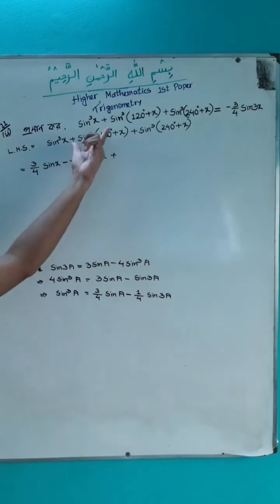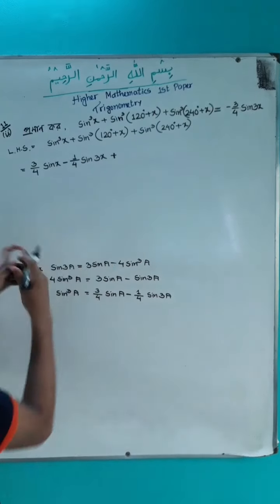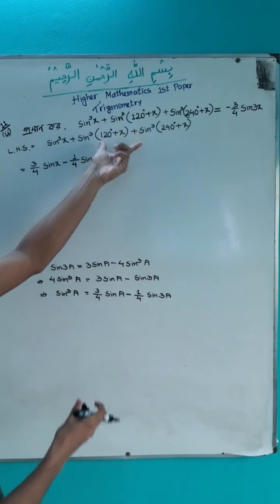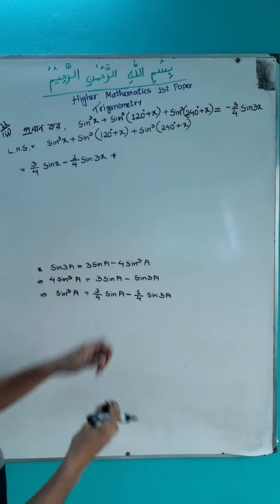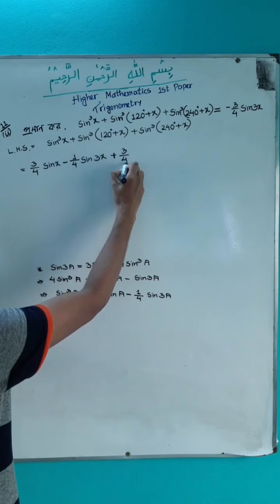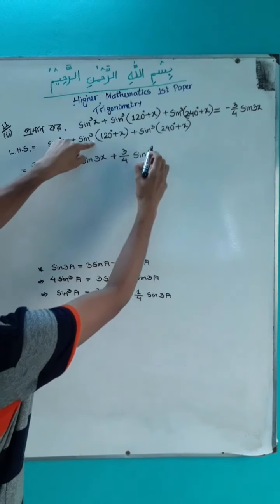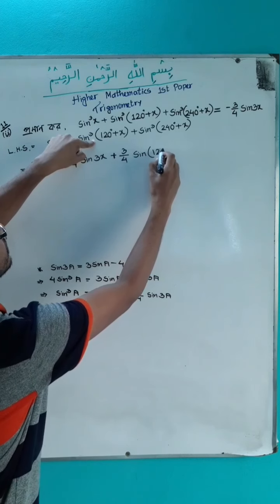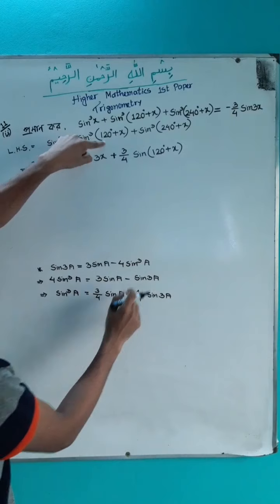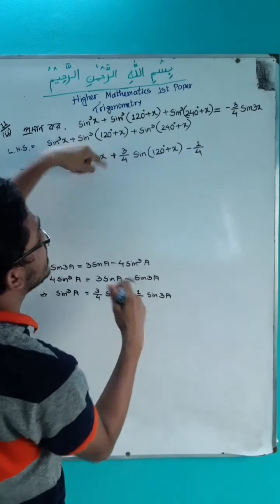Now, in place of this term, what can we write? This is our x, whatever we can let it as a. So we can write 3 by 4 sin (120 degree plus x), then minus 1 by 4 sin 3a.